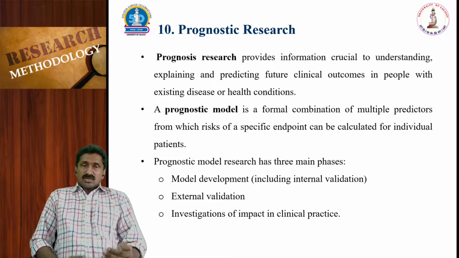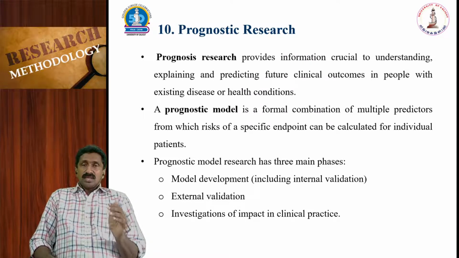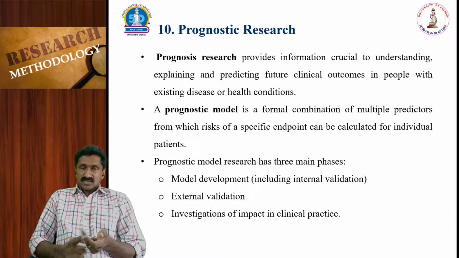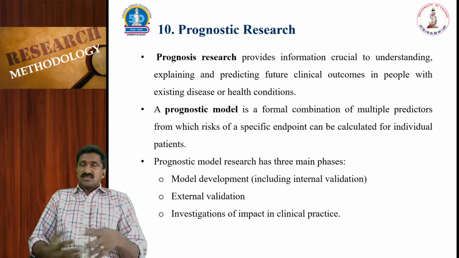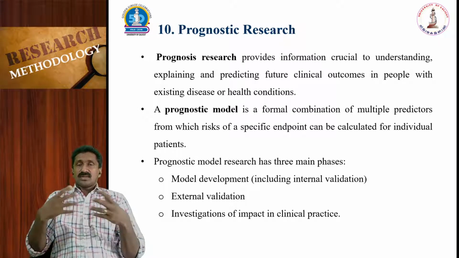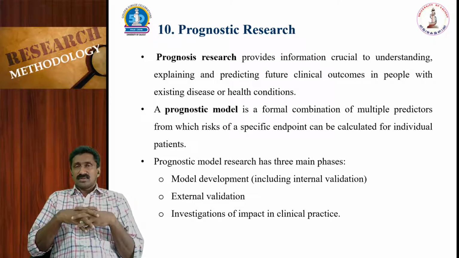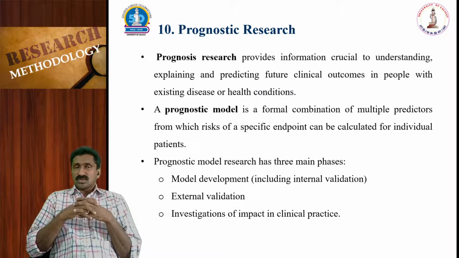Now, prognostic model research has three main phases. One is model development, including internal validation, the second is external validation, and the third is investigation of impact in clinical practice. So these are the steps of the prognostic model.